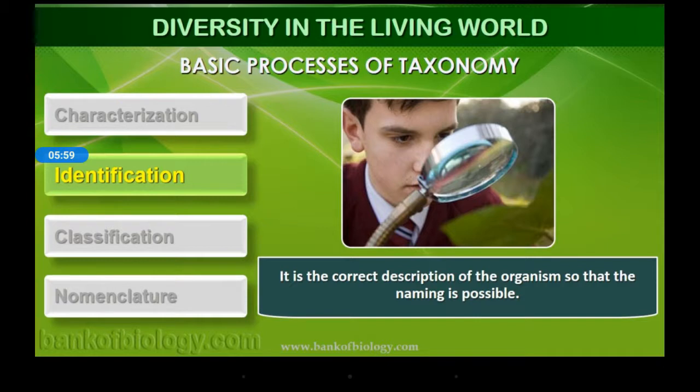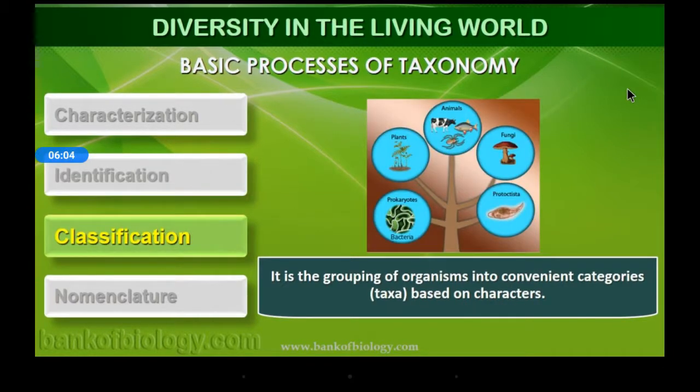Then what is classification? The next one is classification. We need to classify them. Classifying means grouping. For example, birds which can fly come under one category, animals in another, plants in another category, fishes in another, and humans.